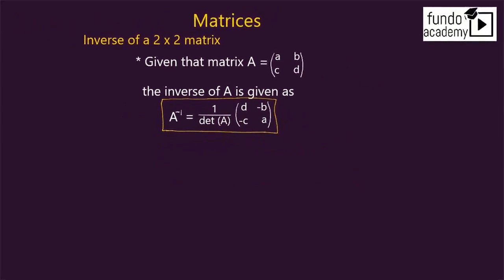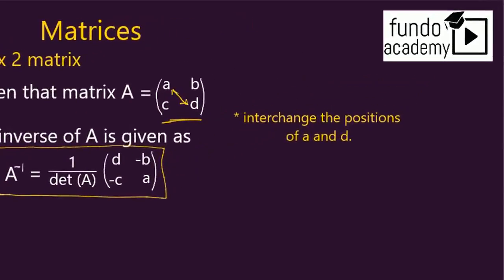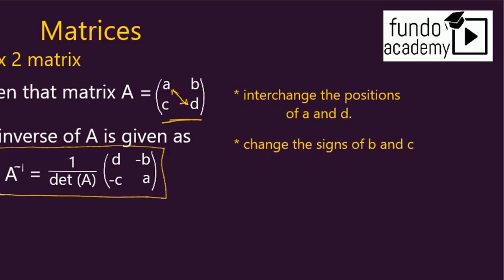So this is what I'm saying. You transform the matrix A such that you interchange the positions of a and d, and you change the signs of b and c.